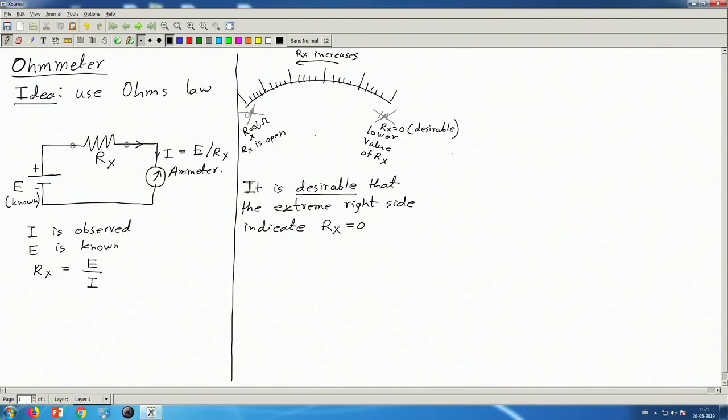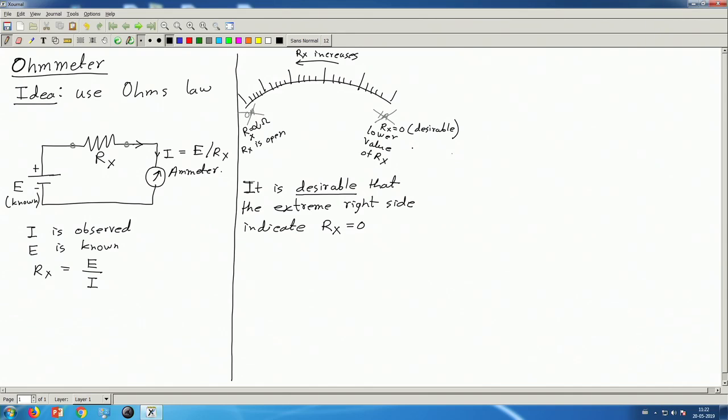Nowadays analog multimeters are not very common, but if you have seen any analog multimeter in your lab, which has a pointer and you can use it as voltmeter or ohm meter or ammeter, then you will see that the scale for voltage and current has 0 on the left side and higher value on the right side, but the resistance scale is opposite, 0 on the right side and higher value on the left side. So this is how an ohm meter scale looks.